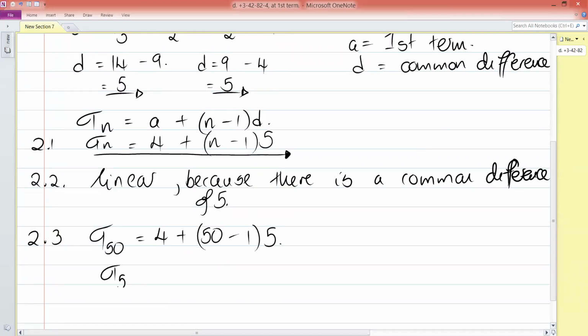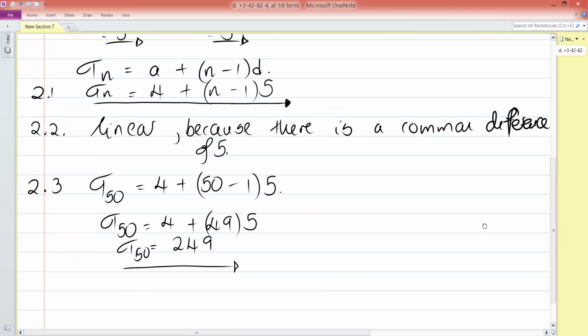Let's simplify the 50 minus 1. That's 49 multiplied by your 5. Plug everything into your calculator, and the answer for T50 is 249. That would be your answer for T50.